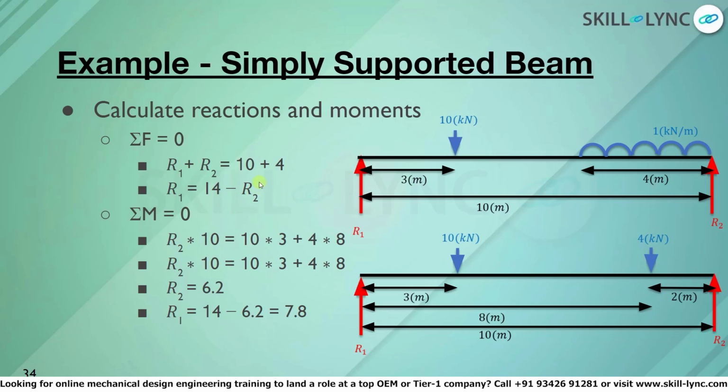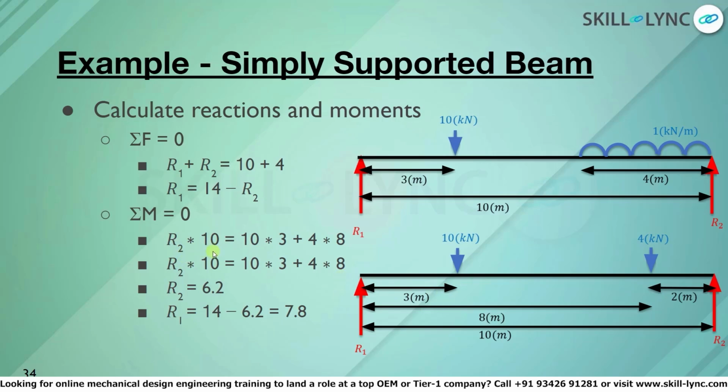Our next step is assuming that the net bending moment within the system is also equal to 0. This means that the bending moment at any point on this beam is equal to 0. Let us assume that moment at R1 is equal to 0. Knowing this, we can plot the following equation.